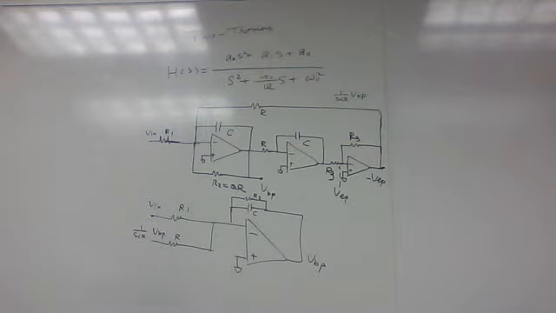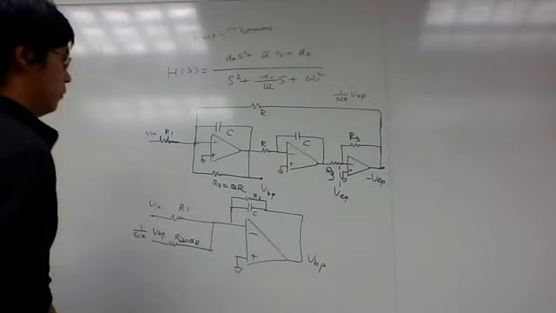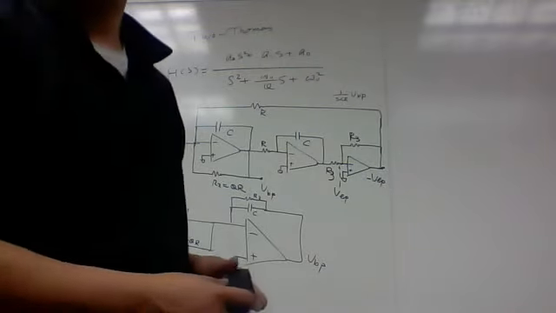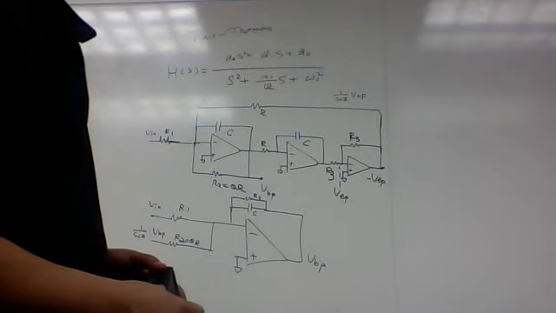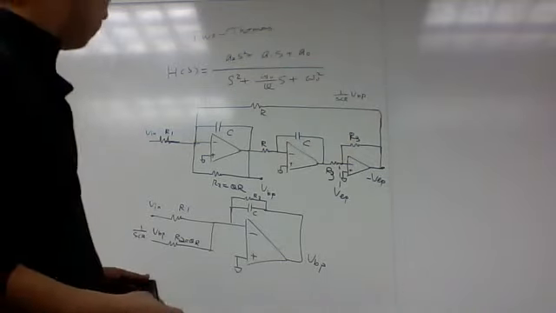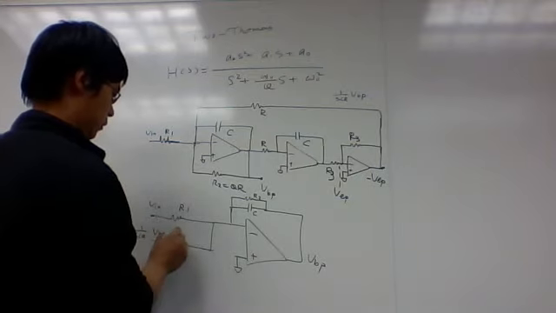Oh sorry, this is R2, this is QR. Hold on, let me see. So this one is R. This one is QR. Okay.